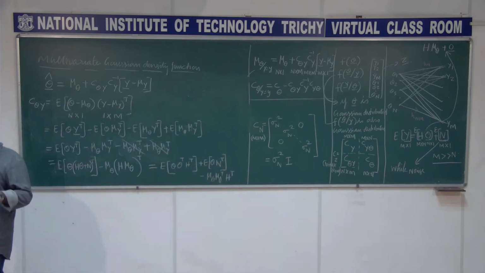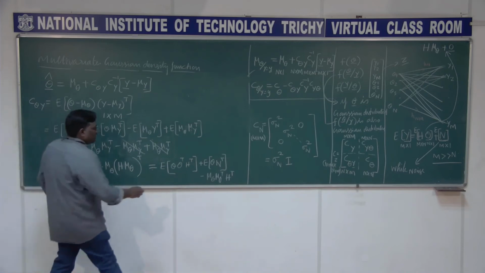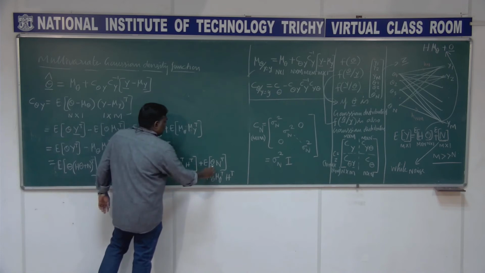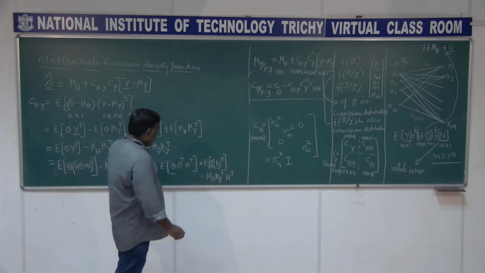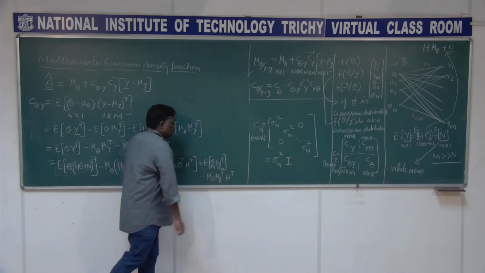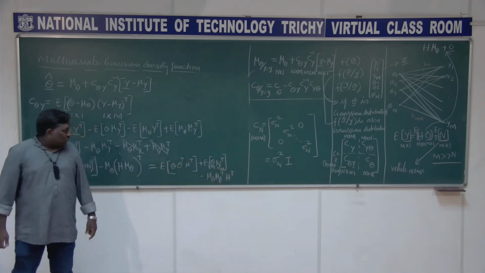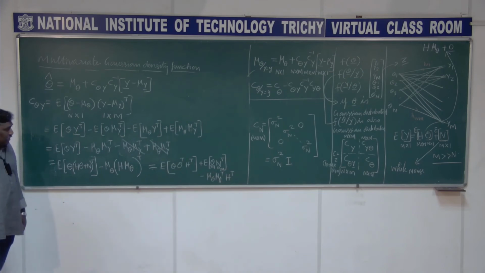Expectation of theta n transpose. Theta is a vector, always you have to understand that. So this is n cross 1, and this is 1 cross, what is the size of n? It is m. This is n cross m. But every element in that matrix, for example if I take 1 comma 1, what are the two elements you get?